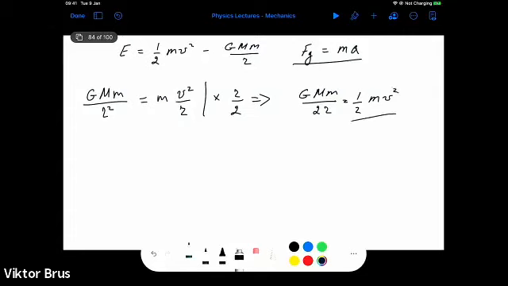So the right side is nothing else than kinetic energy of the satellite. And now we can express kinetic energy of the satellite in terms of gravitational constant, mass of the central body, and distance from the central body to the satellite, r. So that is good because now we can substitute, instead of this kinetic energy, its expression.